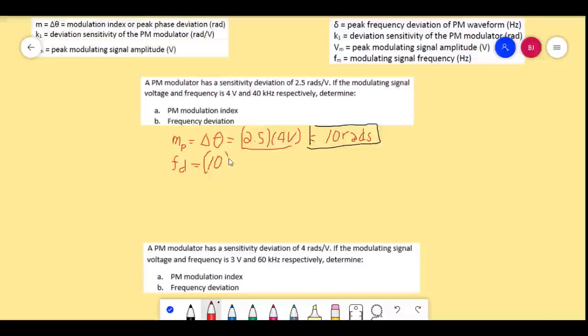So it's just as simple as multiplying it by 40 kilohertz. So 10 times 40 would be 400 kilohertz, and that would be our frequency deviation.